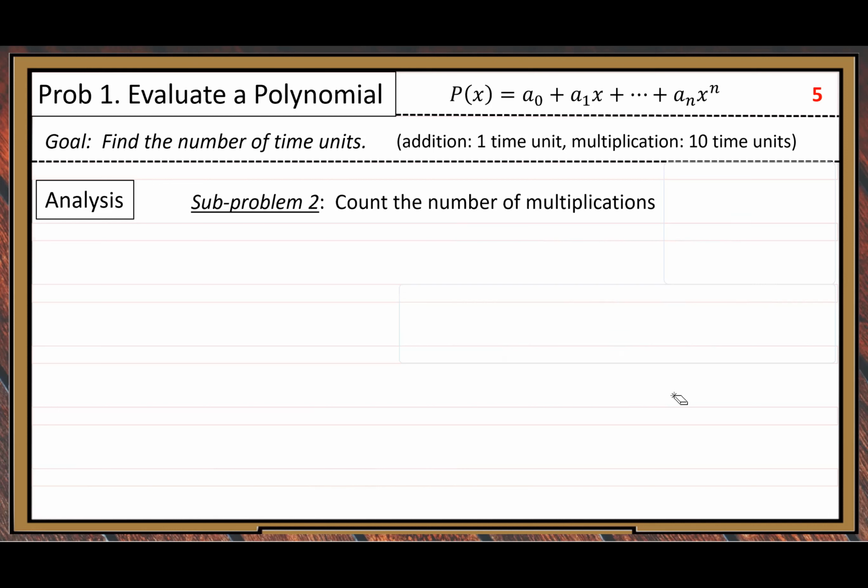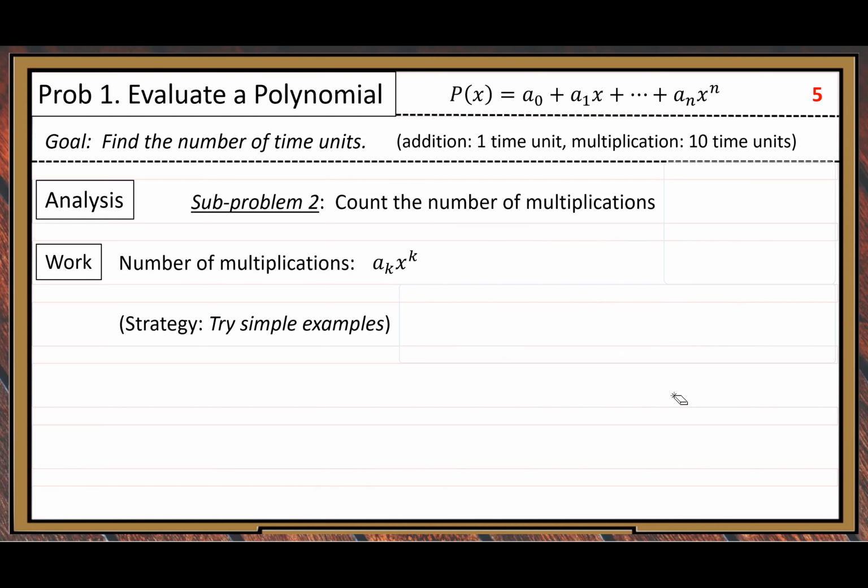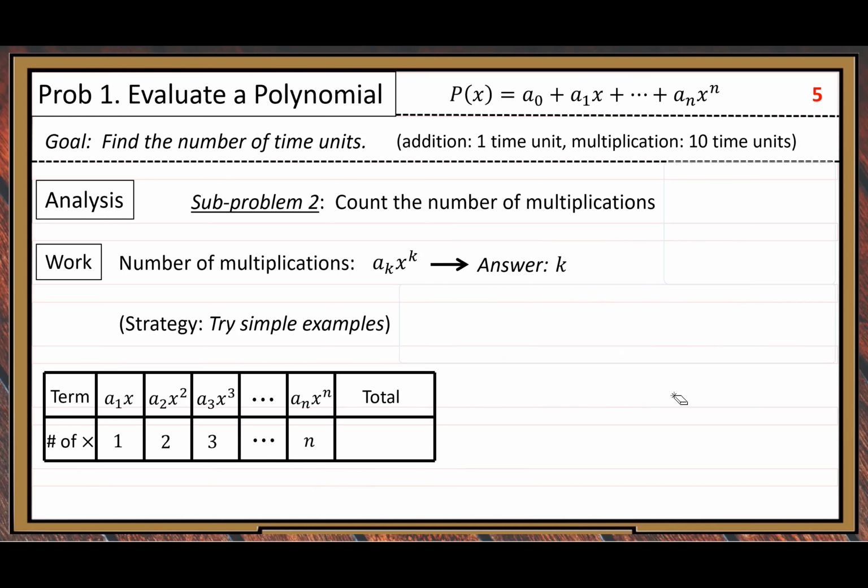This time, it's not hard because we already did it for the general term, the representative term. So let's do the work and calculate the number of multiplications. Here we already did this part, so I can go a little faster. Now let's do the chart. K equals 1, one multiplication.